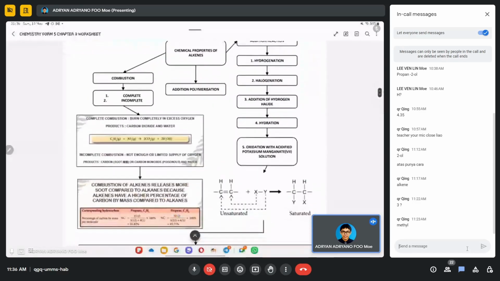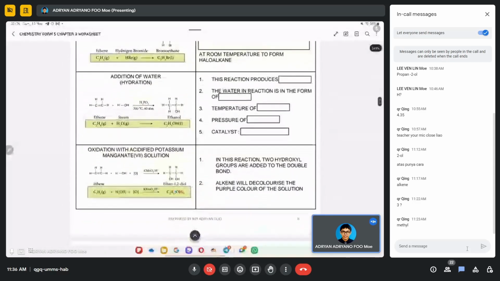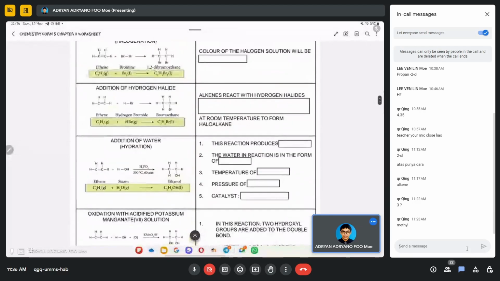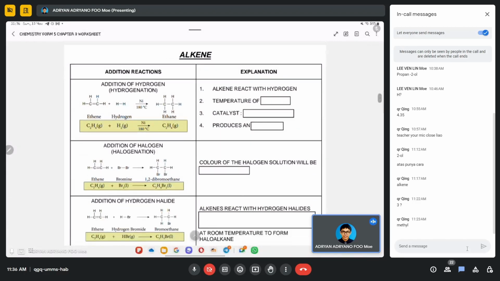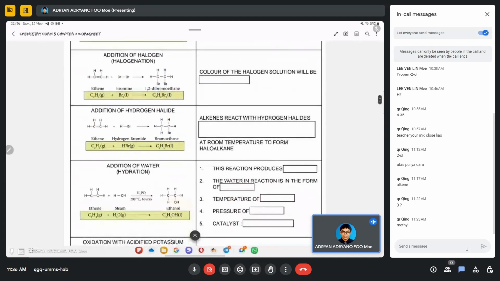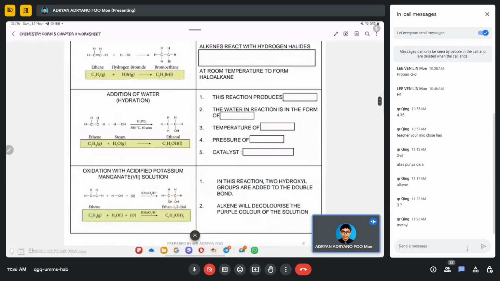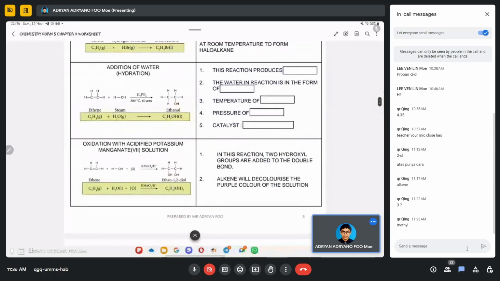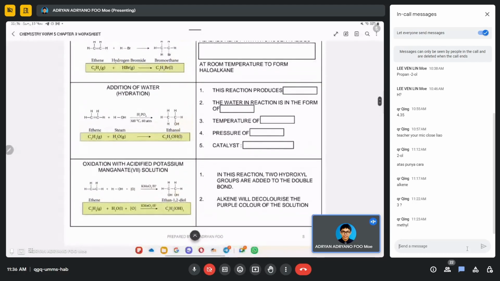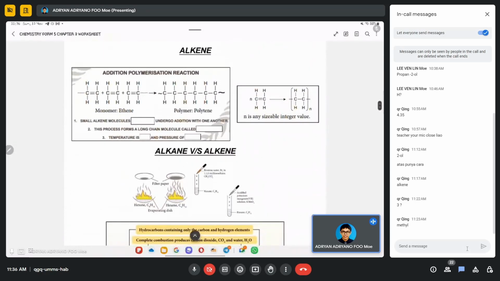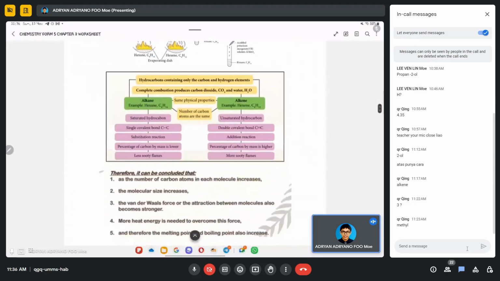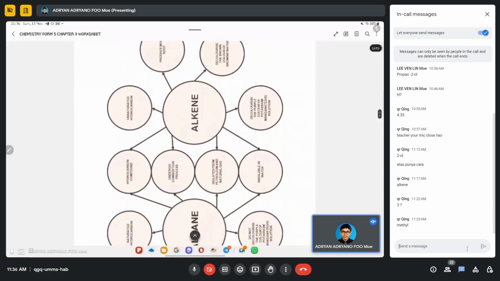Here you can see alkene, which is the chemical reaction I taught: hydrogenation, halogenation, hydrogen halide, hydration, and potassium manganate(VII). I've already written it clearly, so you can just read through these notes. Hopefully, okay. Don't worry much. As long as you really understand, there is no problem.